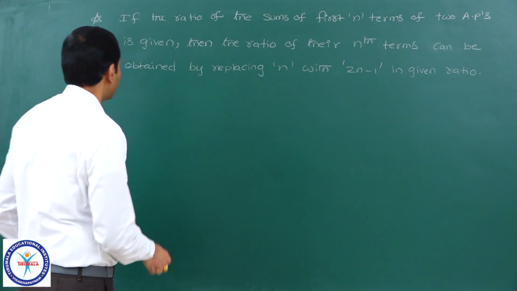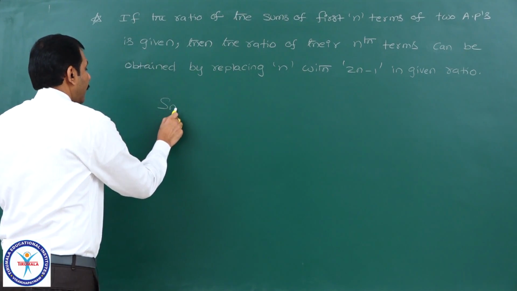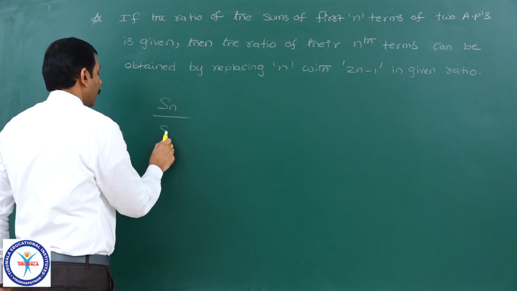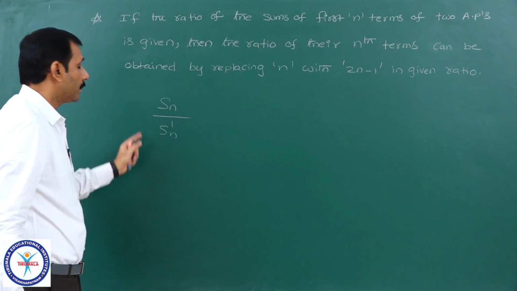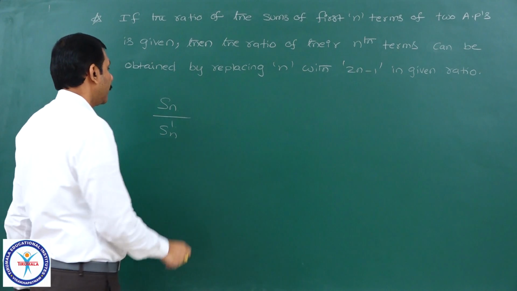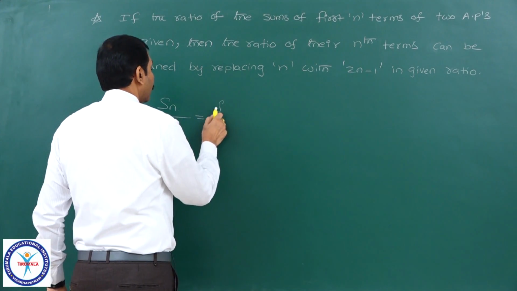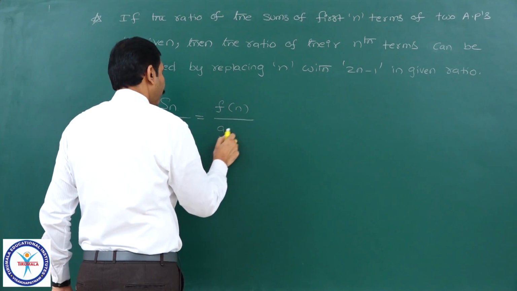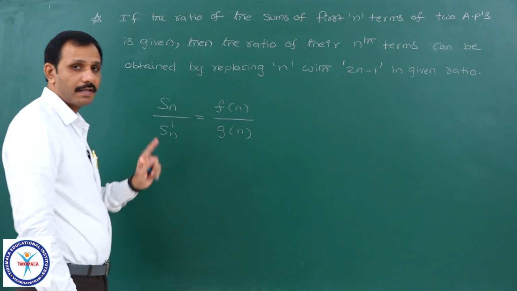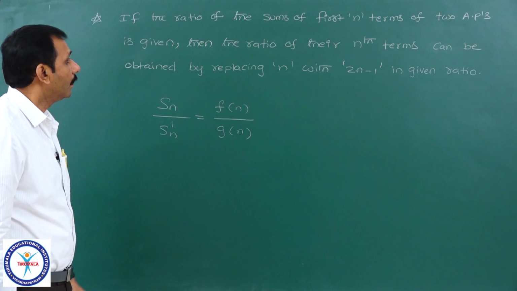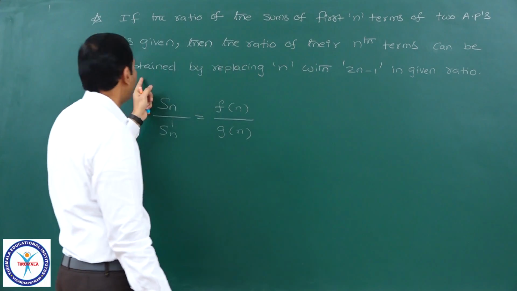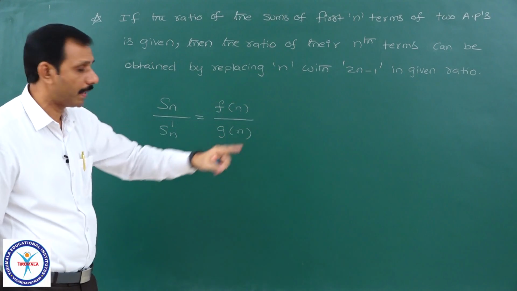What is the meaning here? I will take Sn to be the sum of first n terms of the first AP, and Sn prime the sum of first n terms of the second AP. Of course, the ratio is given as a function of n by a function of n, so I will take f of n and g of n. Now, the ratio of their nth terms can be obtained by replacing n with 2n minus 1.